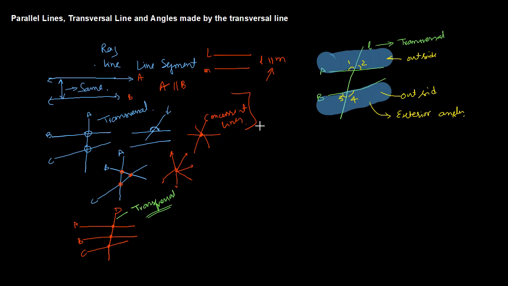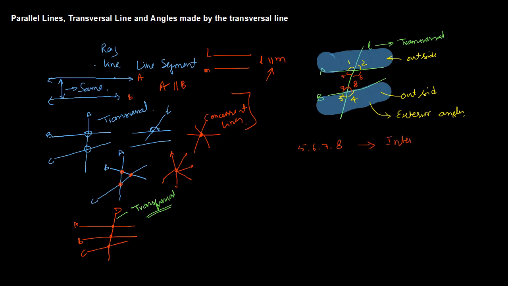Then if I go back, let's draw the same thing again. All angles which are inside, what do we call them? We call them interior angles. Which are those? I'll put this as 5, that is 6, that is 7, that's it. So 5, 6, 7, 8 are all interior angles.